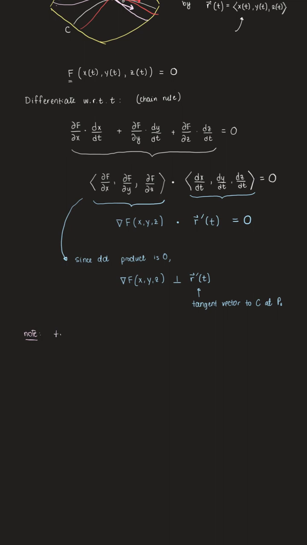The tangent vectors to all the curves on our surface passing through the same point, so let's say passing through P naught, they will all have this relationship because this wasn't specific to one specific curve.